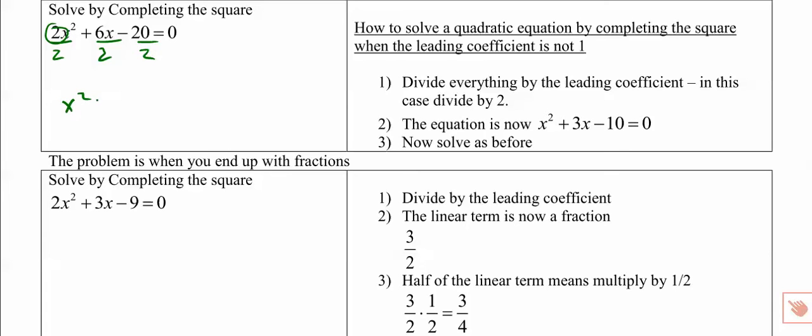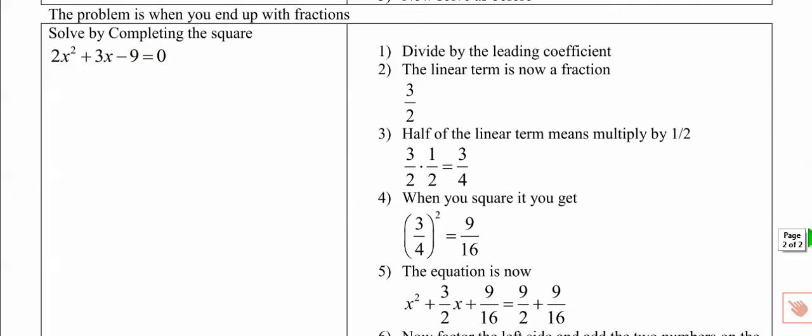And we get x squared plus 3x minus 10. And then we just repeat the process of the preceding page. The problem is, often, let's do this one, we're going to end up with fractions. x squared plus 3 halves x minus 9 halves equals 0.